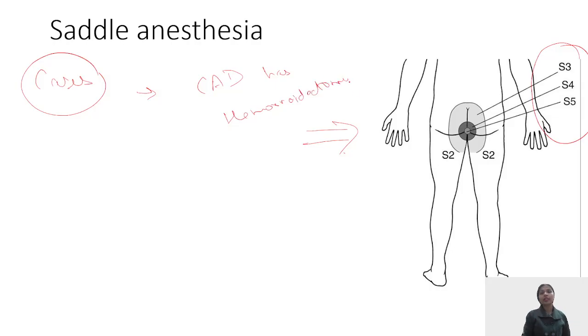So what would be the anesthesia of choice? In that case, it is saddle anesthesia, because there are no hemodynamic changes after saddle anesthesia in a patient who is a high risk case. Is that clear? Saddle anesthesia is preferred for perineal surgeries, and it is much preferred in patients who have certain systemic comorbidities, and this is how the question is framed.